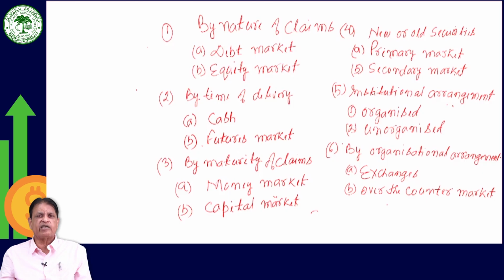All the segments will be covered if we classify the financial market by maturity of claims. So we will go by this classification, where the financial market is classified into two sub-markets, money market and capital market.